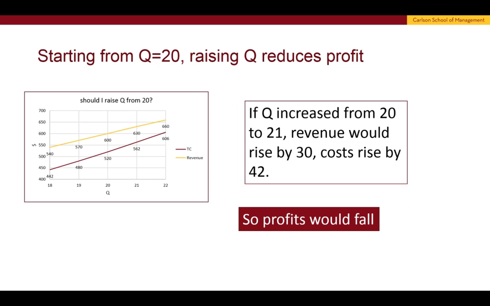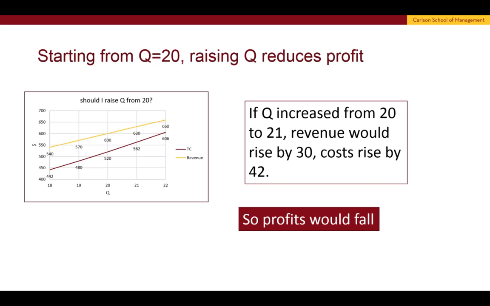What about if we were at a quantity of 20? Well, at a quantity of 20, the revenue would be 600. If we were to increase the output by 1 unit to 21, revenue would rise by 30. Notice it's the same 30 it rose by when we increased output from 10 to 11, because for a competitive firm, the marginal revenue is just the price of output, which it has no control over, so it's constant, in this case at 30.